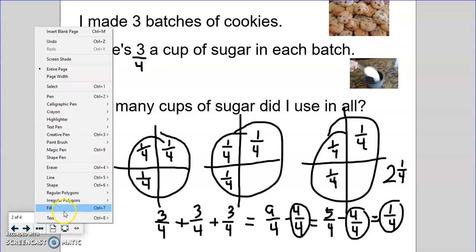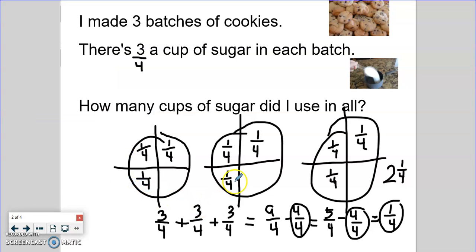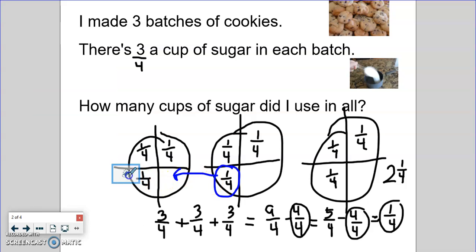Another way you can do this, and let me show you with a different color pen because I feel like it would make a lot more sense. This guy can move to here. So you have 4/4. Then, since you've moved that guy over there, just erase this.